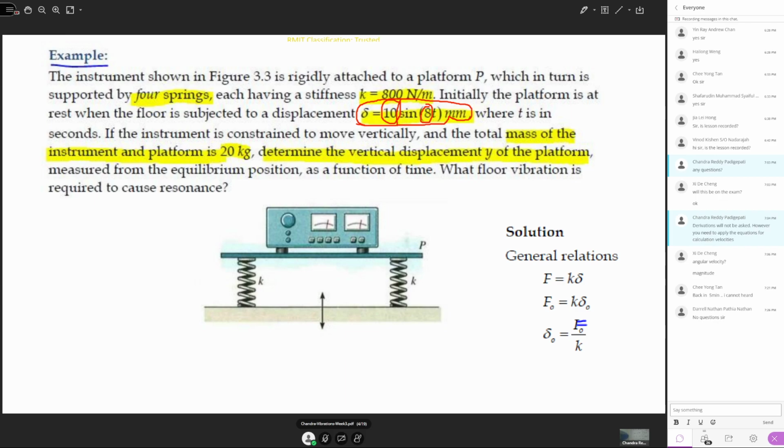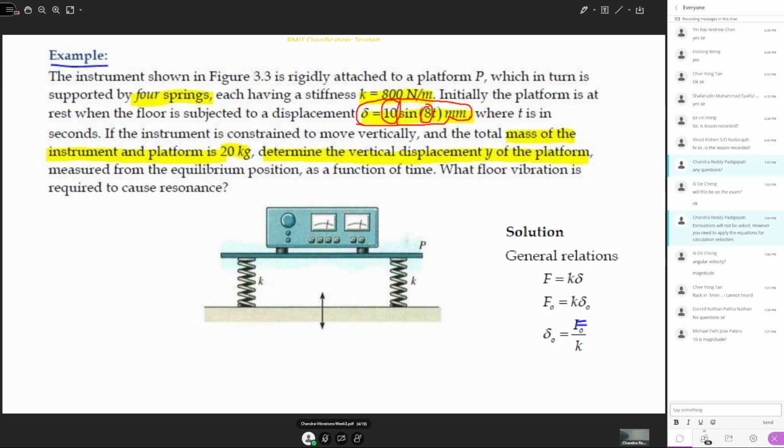Which one is frequency? No. Online guys, let me know what is 10 and what is 8. Anyone? 10 is magnitude, that's correct, Michael.